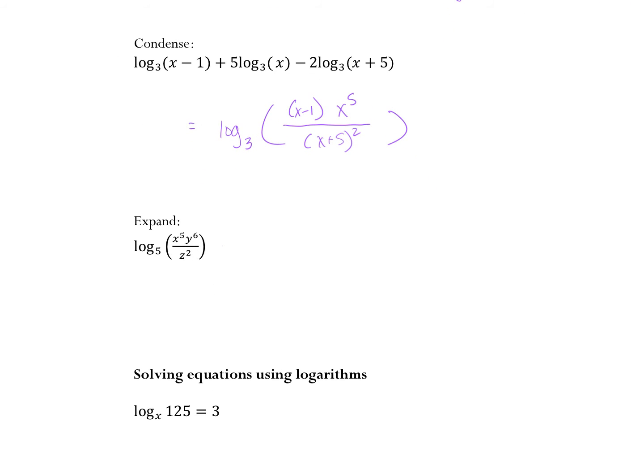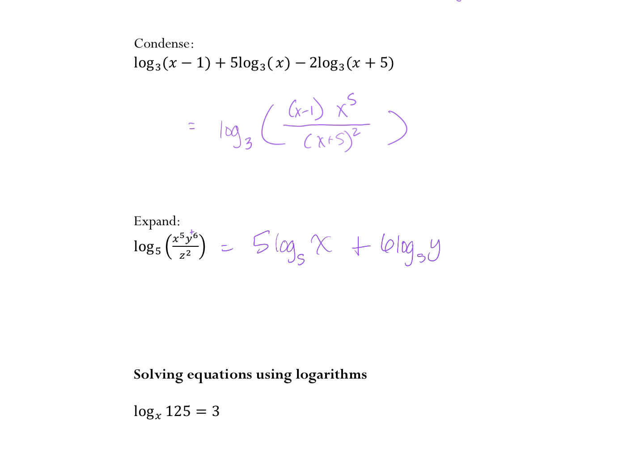What about this one? You understand the answer? Sure. 5 log base 5 x minus 6 log 5. That 6 is on top, so positive exponent will be plus 6 log base 5 of y.